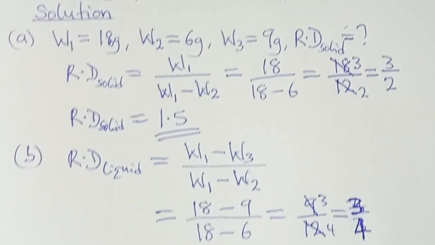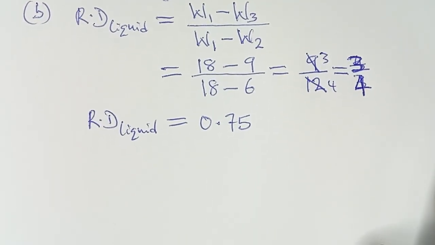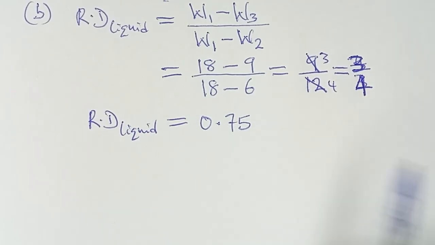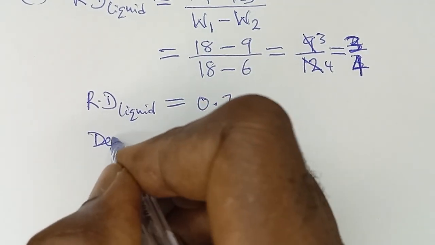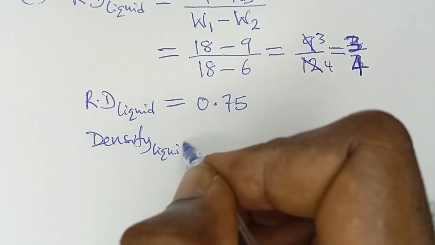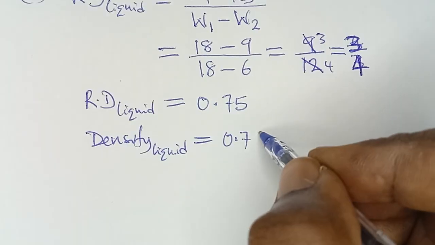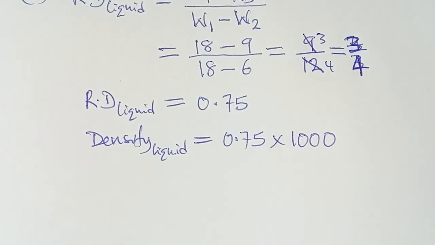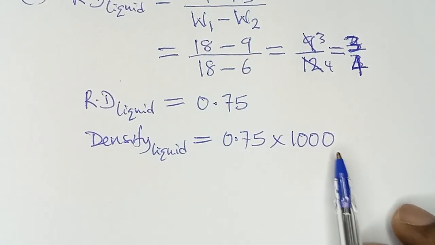So now that we have the relative density, because we have to calculate the relative density first, we now have to convert relative density to density. So we will now say the density of the liquid will be equal to the relative density, which is 0.75, times 1000. Don't forget, to convert relative density to density, you simply multiply by 1000.